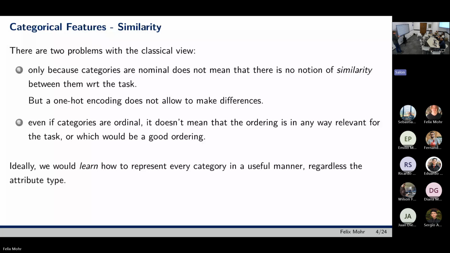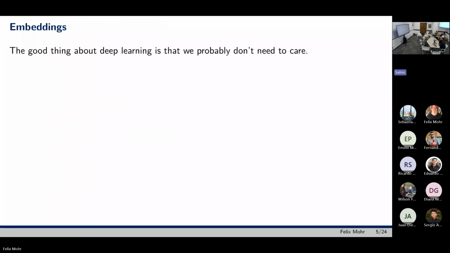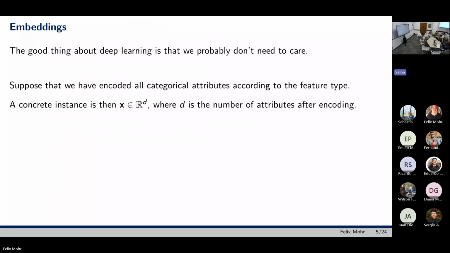It should be just automated, part of the learning process. And that even regardless of the attribute type. Okay. So now the good thing about deep learning is that we probably don't have to do this anymore because ideally we can really just learn the relationships. Deep learning should make that possible.